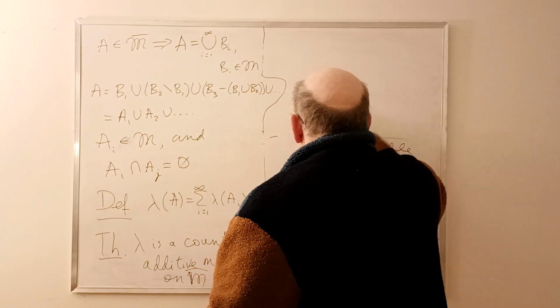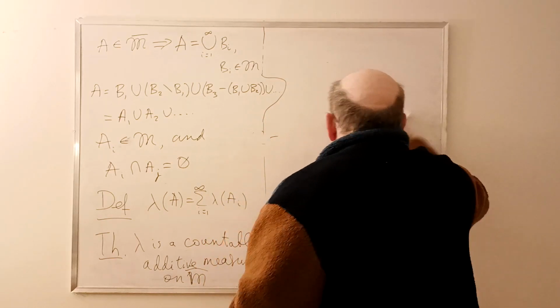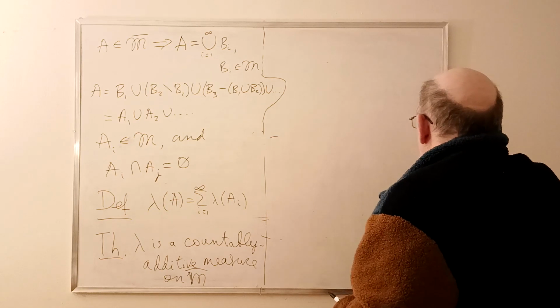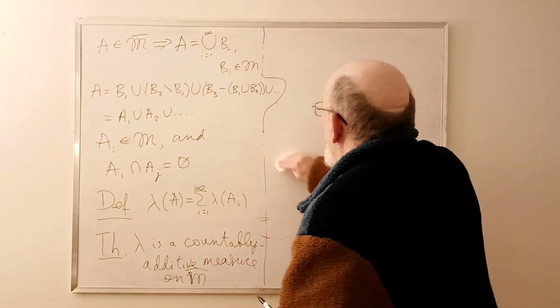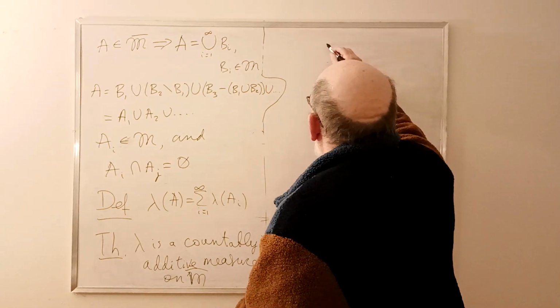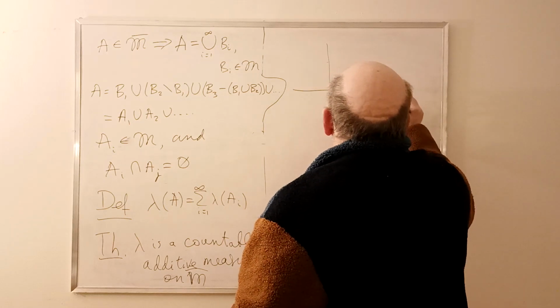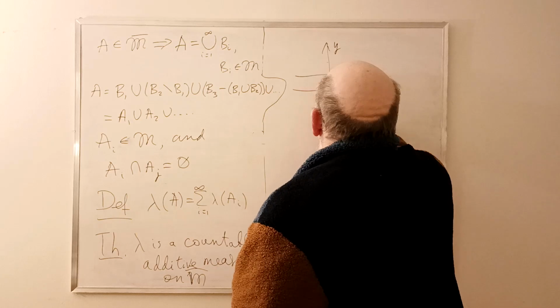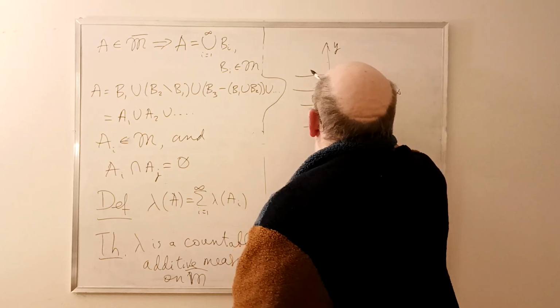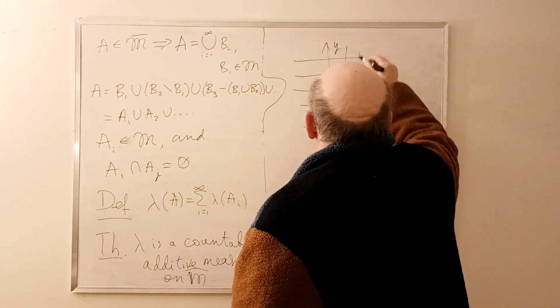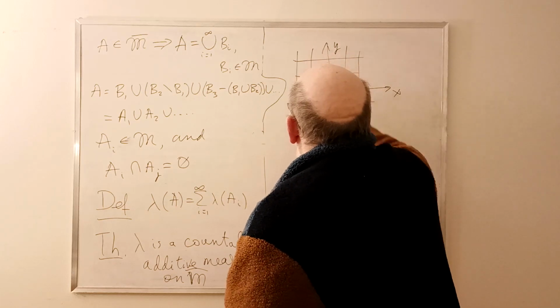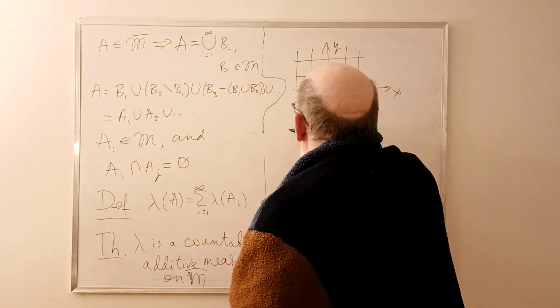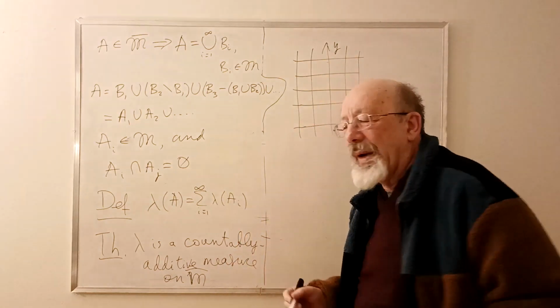We did it in the square, but now we consider the plane, with x-axis and y-axis. We divide it into equal squares of size 1, for example, and define lambda in each of these squares.